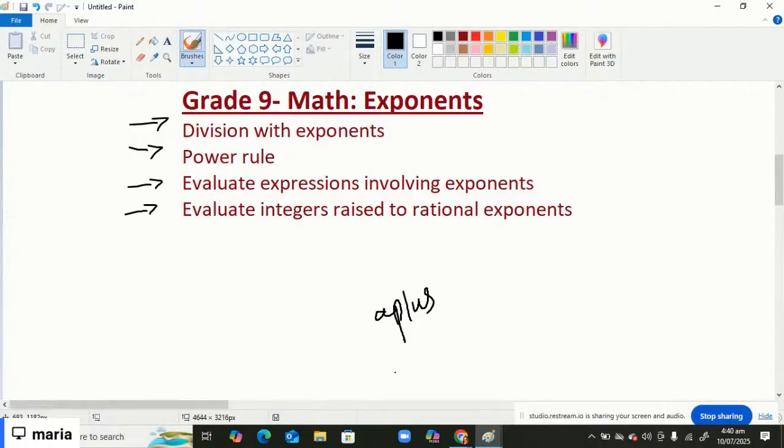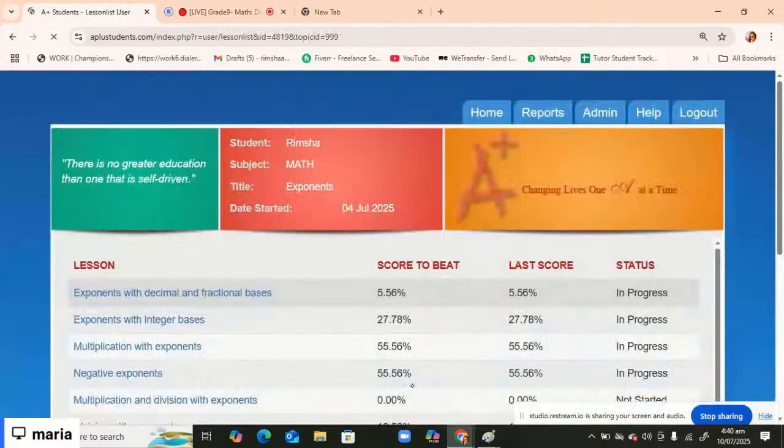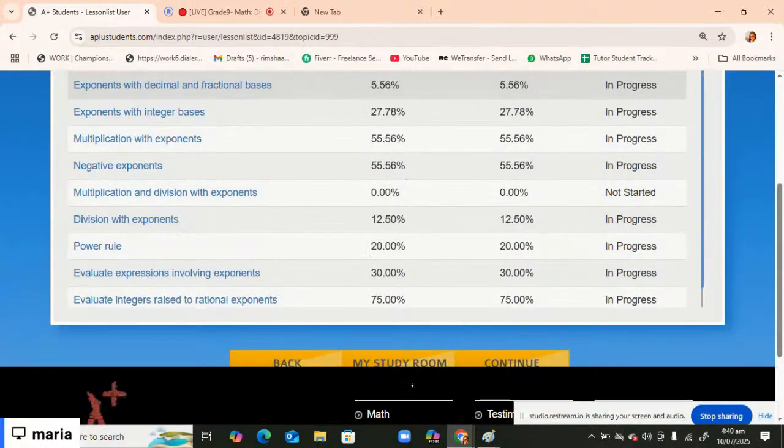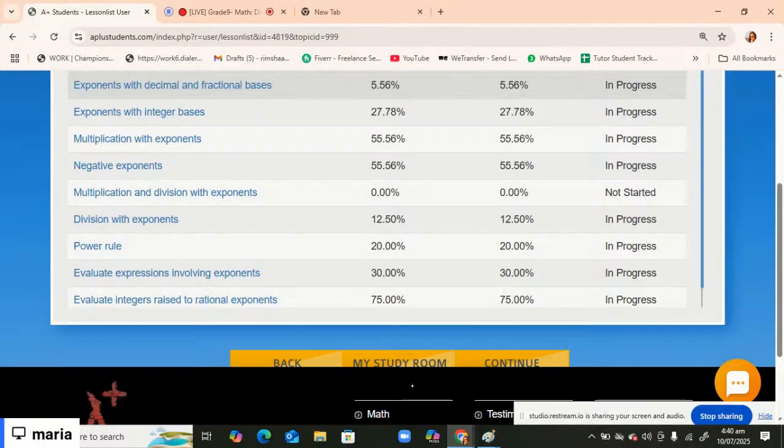The chapter we discussed is exponents. Here is the list of lessons: division with exponents, power rule, evaluating expressions involving exponents, and evaluating integers raised to rational exponents. Make sure to practice all these questions, and if you still need help with any question, you can contact tutors using the live chat button available on the A Plus website. Here is the live chat button, click on this. Open it as a department, select math, put in your name, and then just send. In this way you directly contact the tutors.